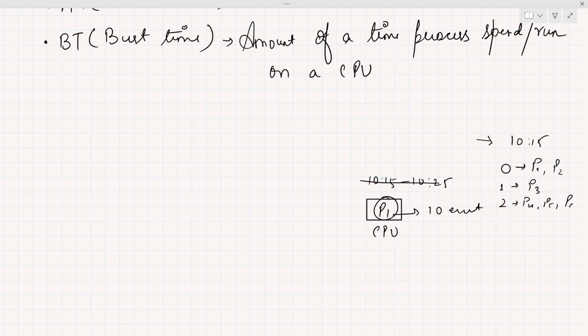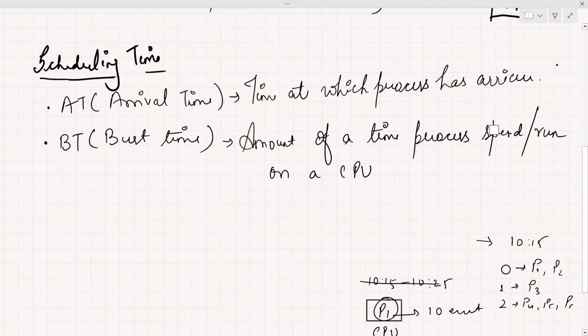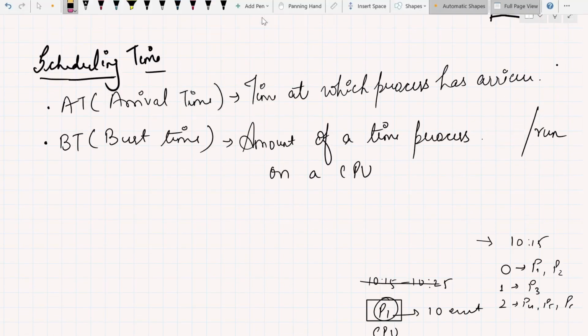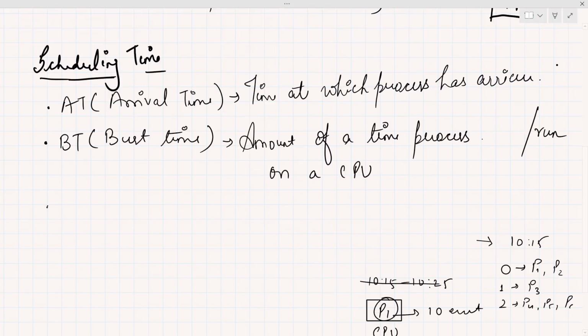The time at which the process is executing, the amount of time the process runs on a CPU, is called the burst time. I hope you understand what a burst time is. After that we have CT. CT means completion time.